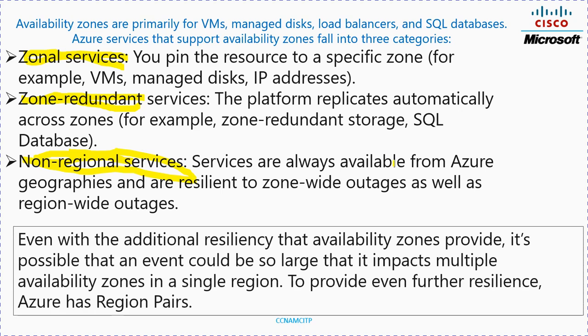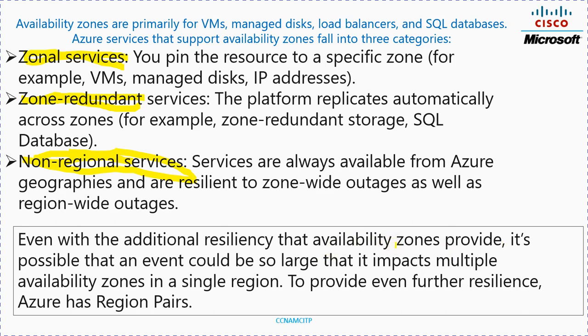Even with the additional resiliency the availability zones provide, it's possible that an event could be so large that it impacts multiple availability zones in a single region. To provide even further resiliency, Azure has region pairs.